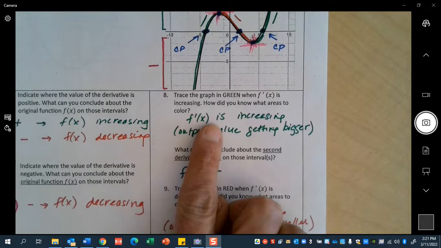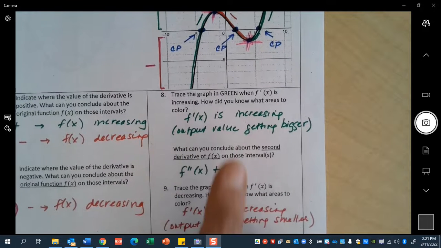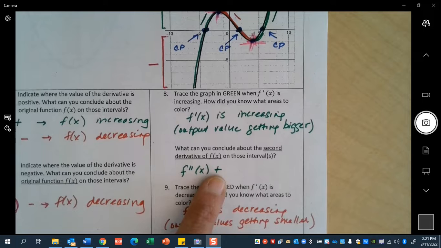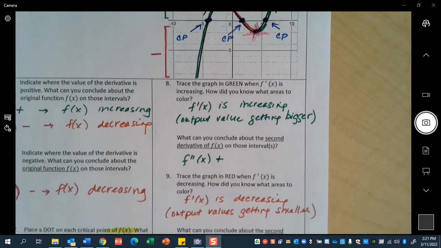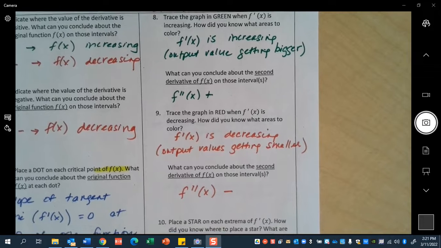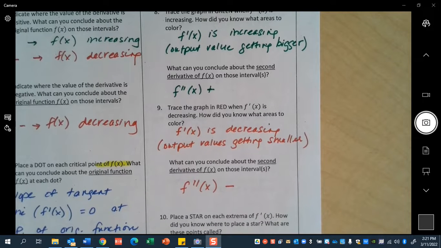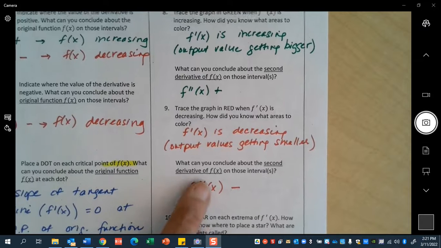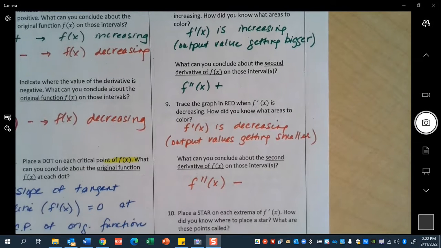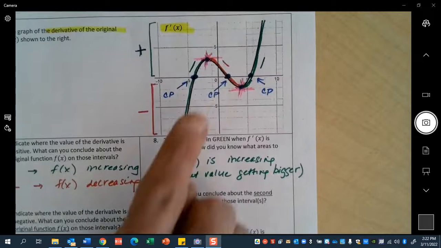F prime is increasing, the output value is getting bigger. That's because the slope of my derivative, the second derivative, is positive. Where my derivative graph is decreasing, my output values are getting smaller. That's because the slope of my second derivative is negative. That's happening right here.